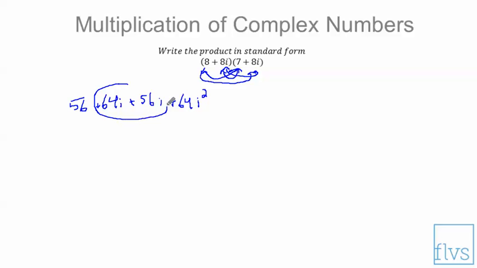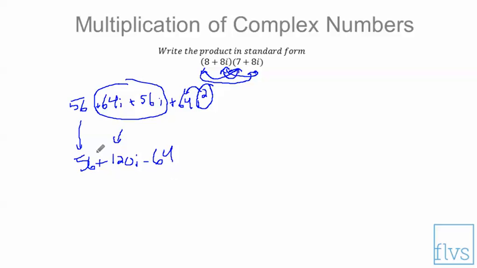So we just need to simplify this a little further. You have like terms here in the middle. You got the 64i and the 56i. So that becomes 120i. You got the 56 from the original plus the 120i. And anytime you see i squared, that's going to be negative 1. So instead of being plus 64, 64 times negative 1 becomes minus 64.